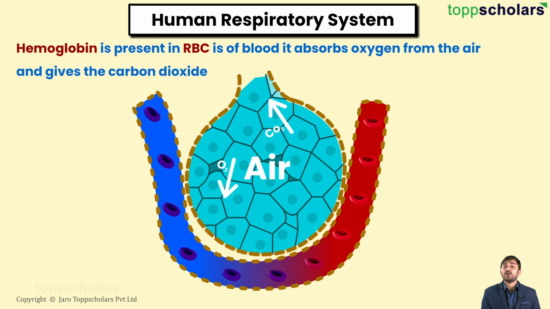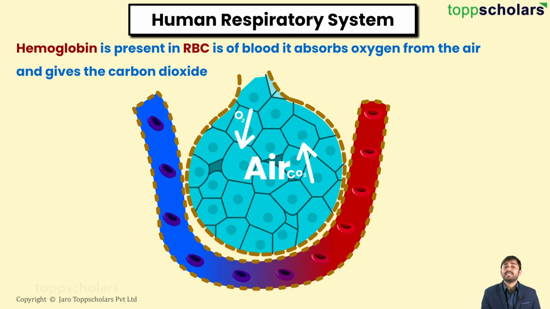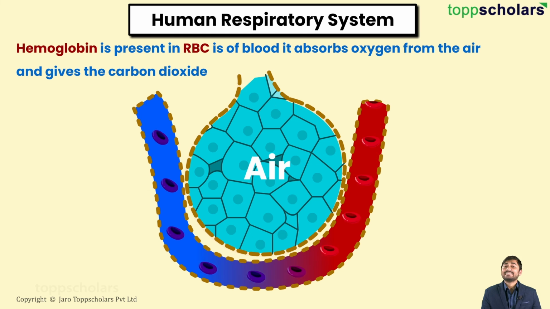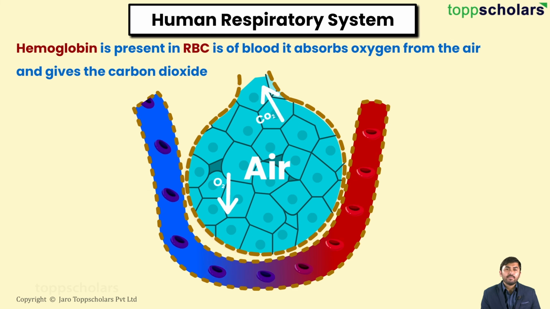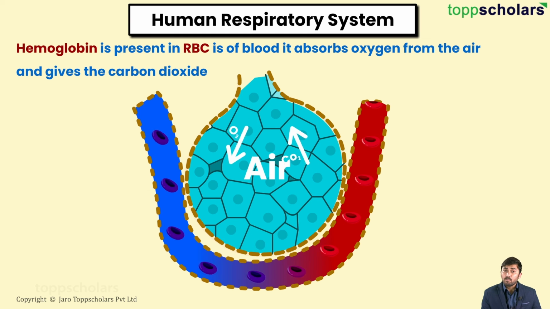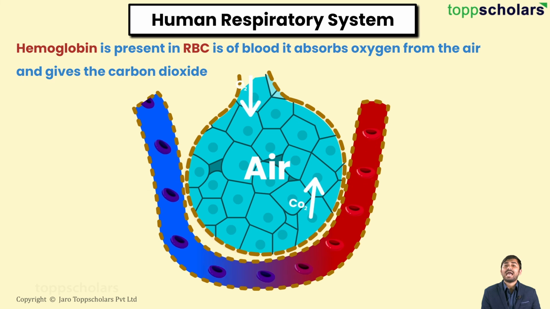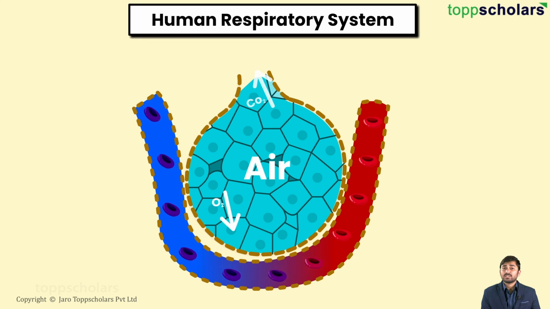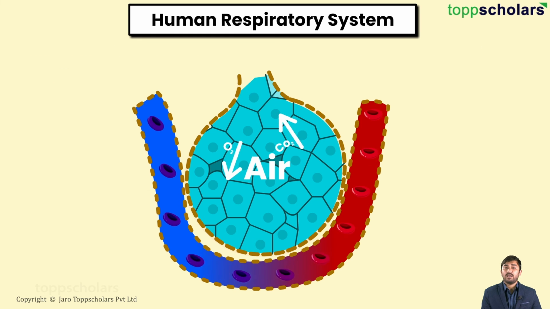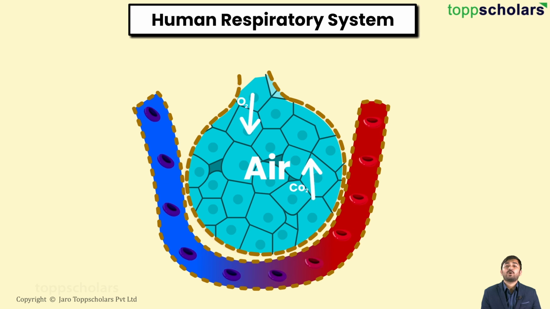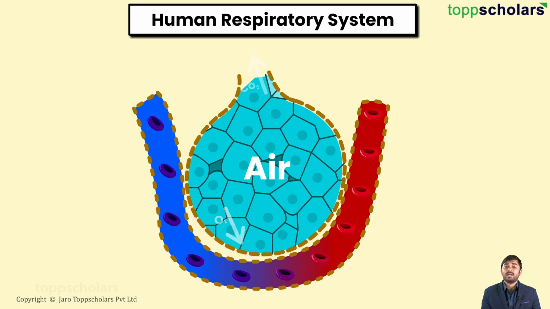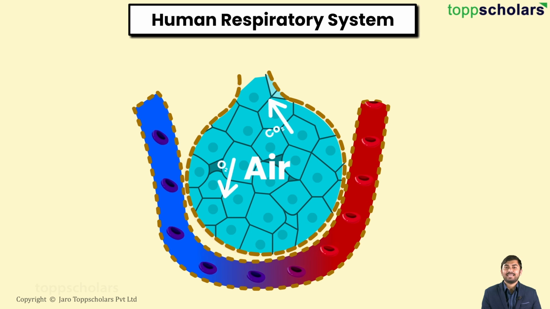It absorbs the oxygen from the air within the alveoli and simultaneously the carbon dioxide and water vapors move from the blood into the alveoli. Thus oxygen is taken into the blood and carbon dioxide and water vapor are removed from the blood and given out in exhalation.